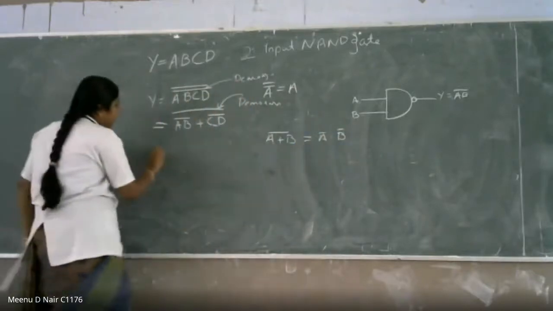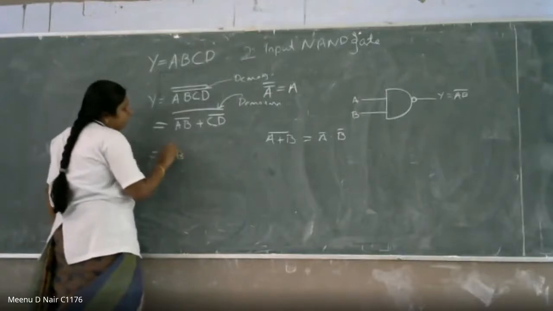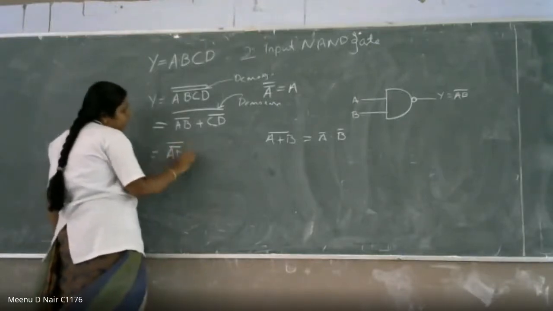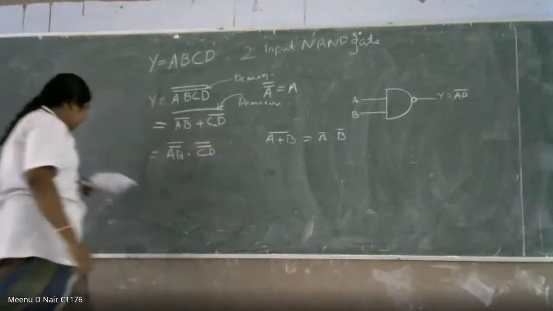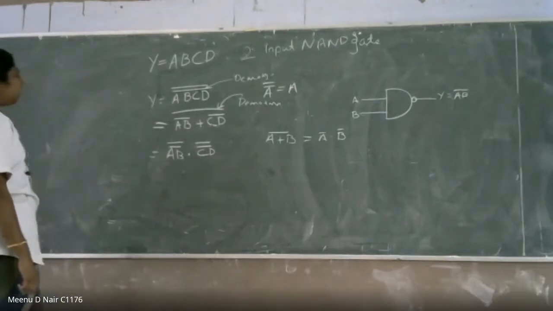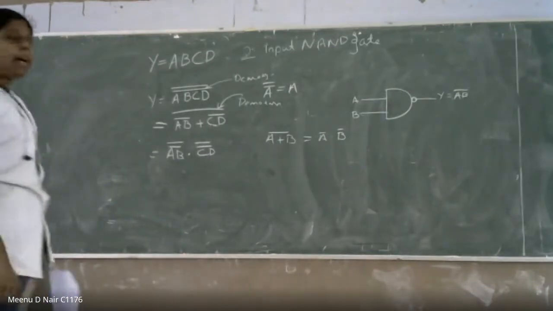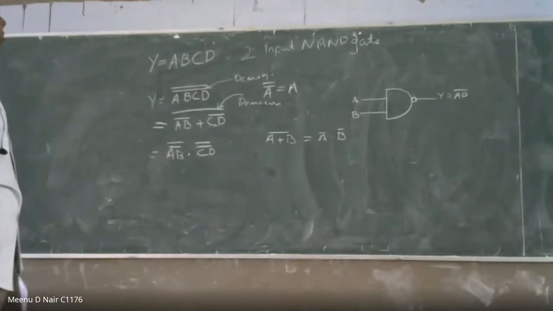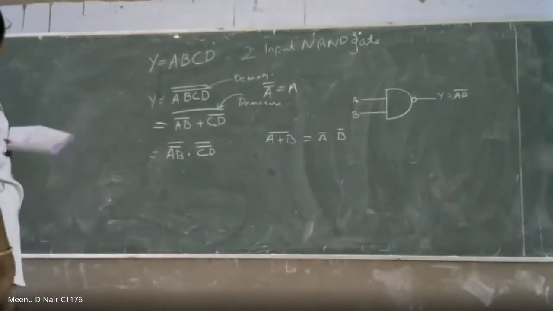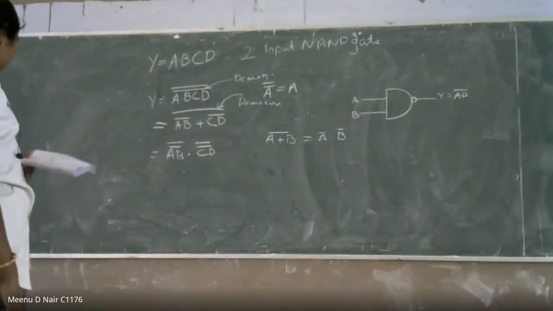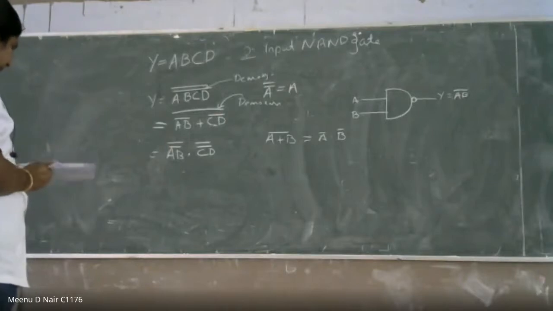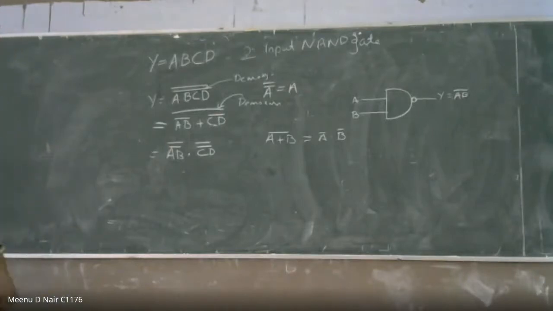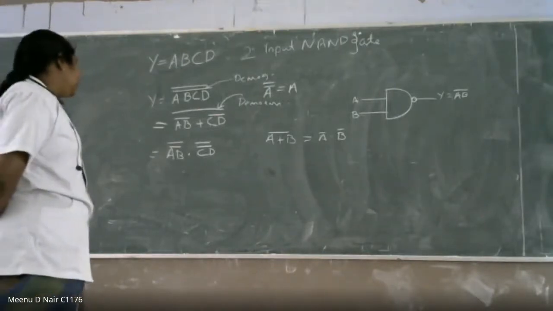So this one will become AB bar into CD bar. So AB double bar into CD double bar.